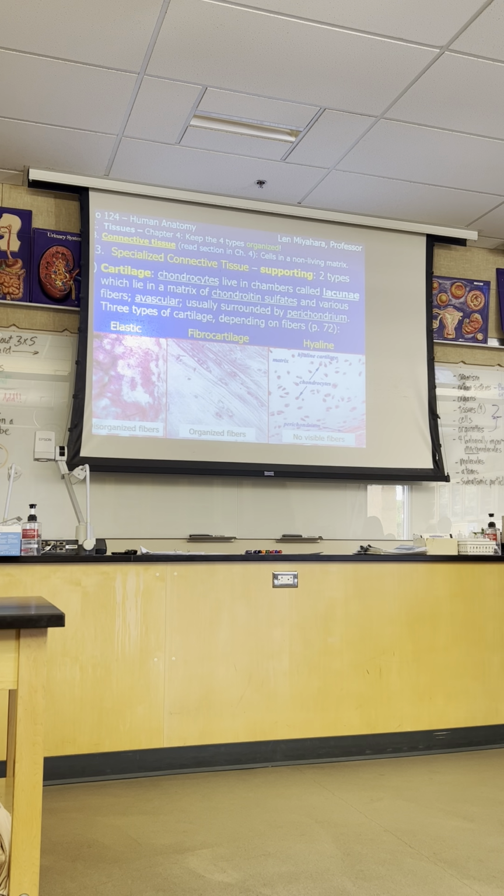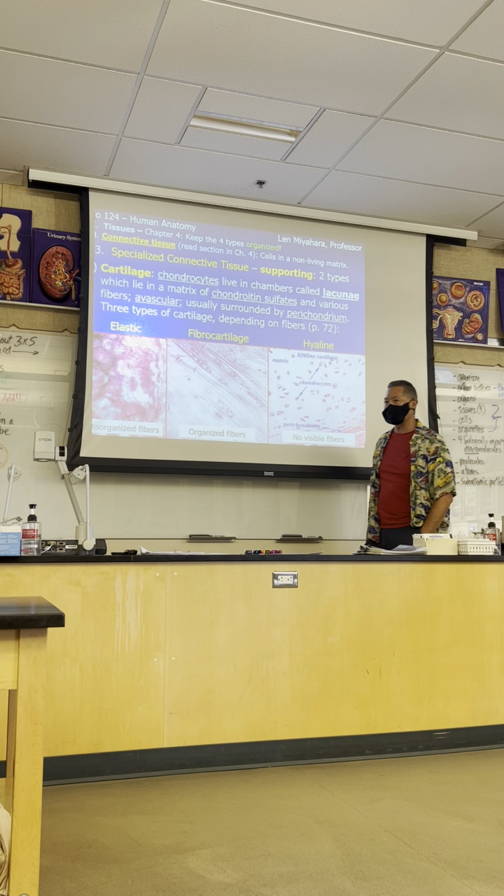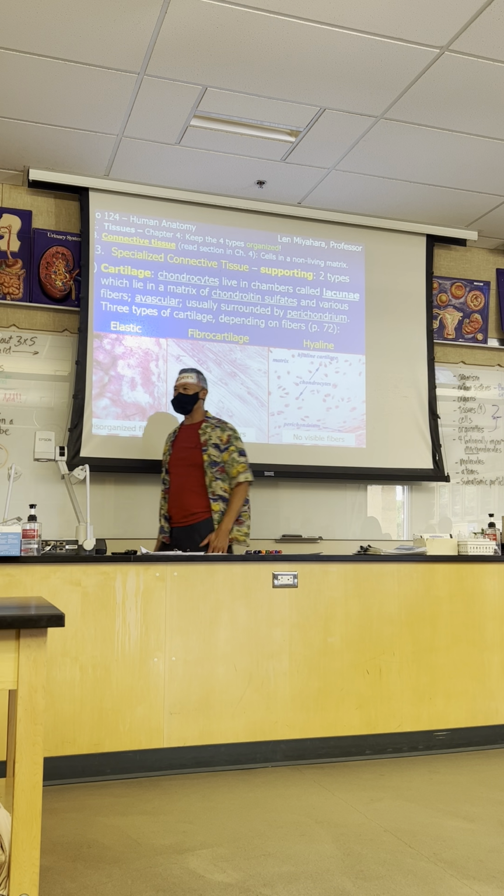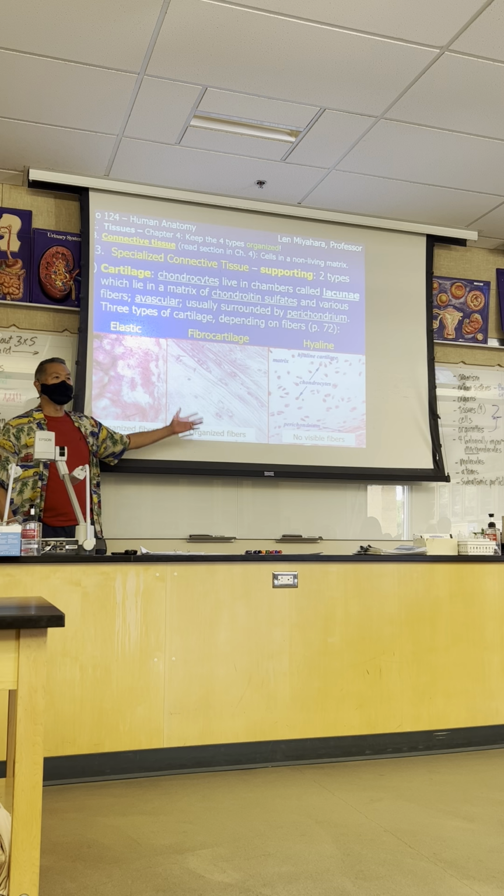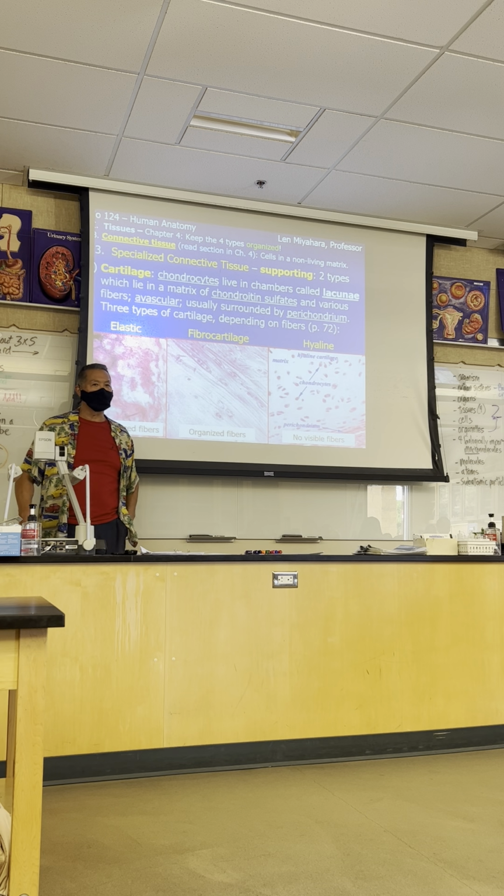I don't see basal membrane and a free surface, but I do see lacunae, a whole bunch of lacunae. It's not in a cut tree trunk, so I know I'm in cartilage. The last question I'm going to ask is about the fibers. I see roughly parallel pink lines. Fibrocartilage, and I'm not guessing.